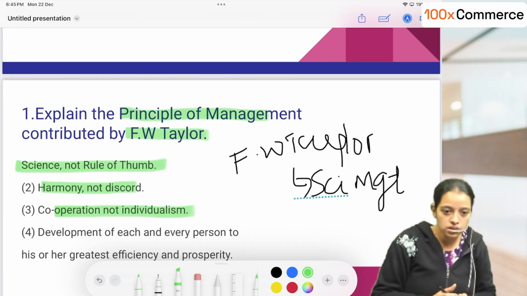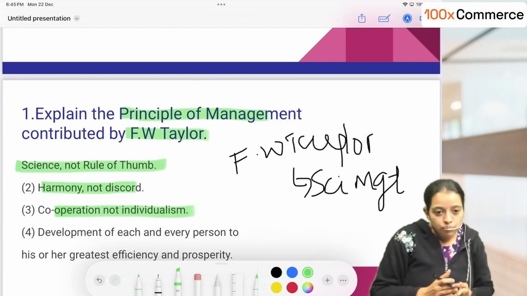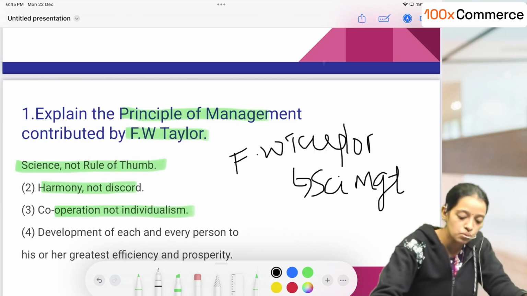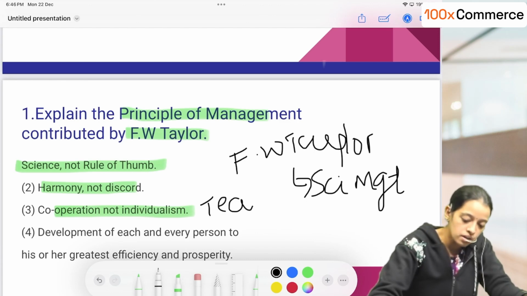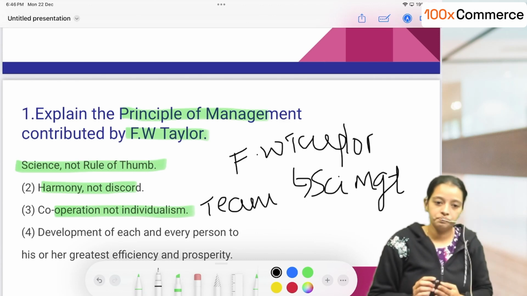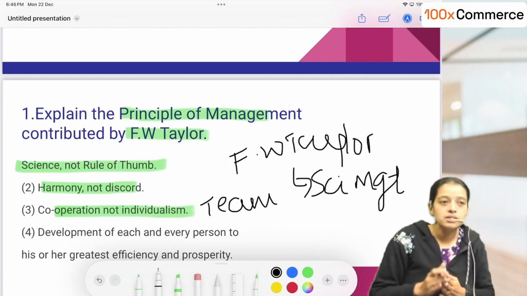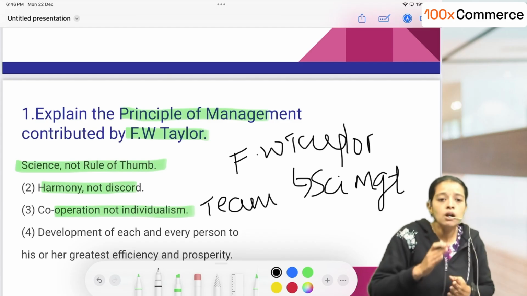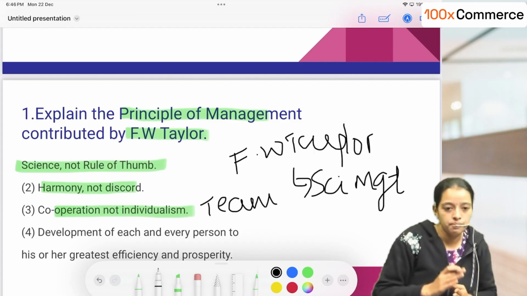Every employee has to work as a team, not as an individual, and there should be team spirit. Everyone's thinking ability has to meet the overall objective of the company.